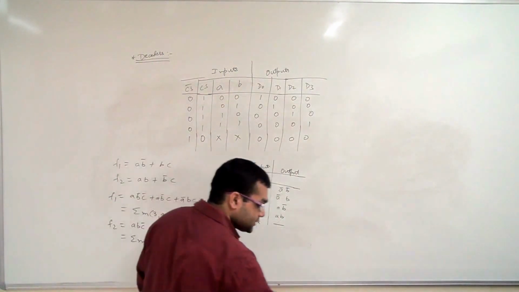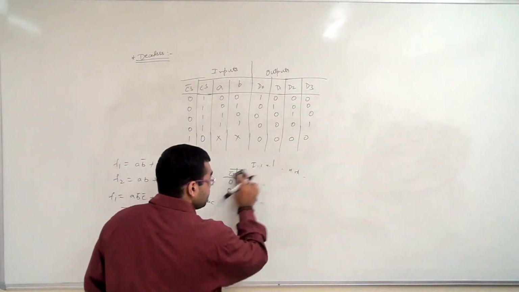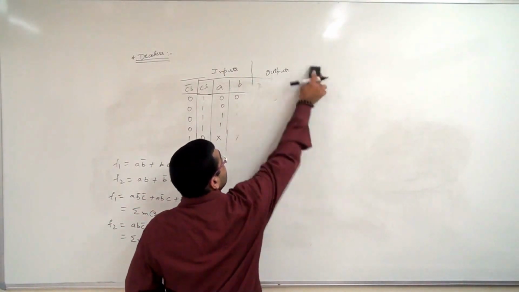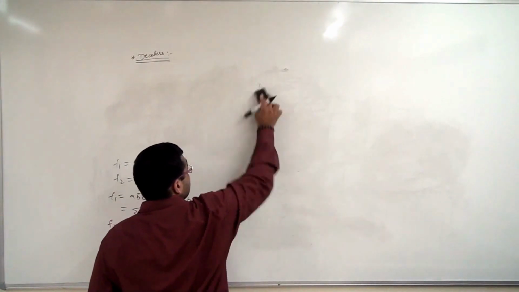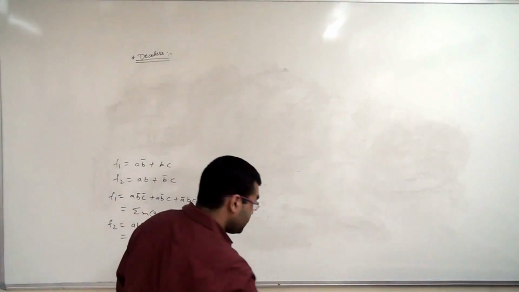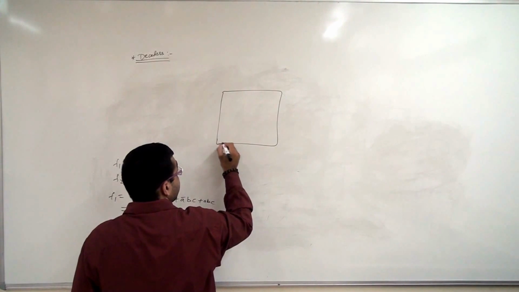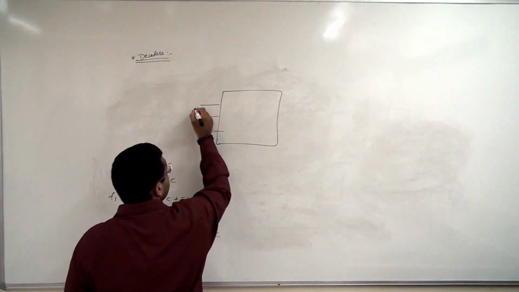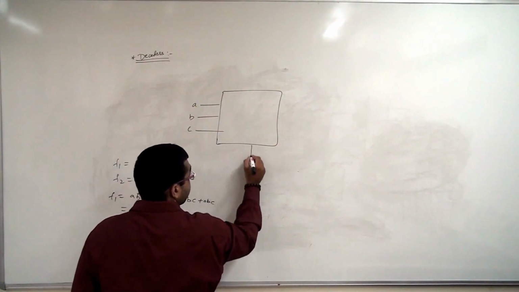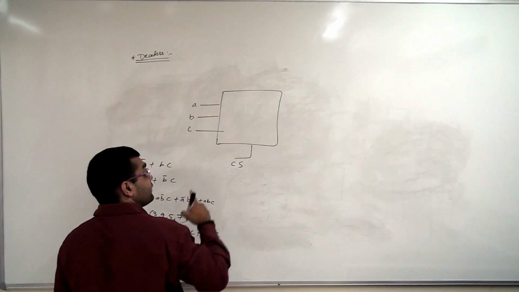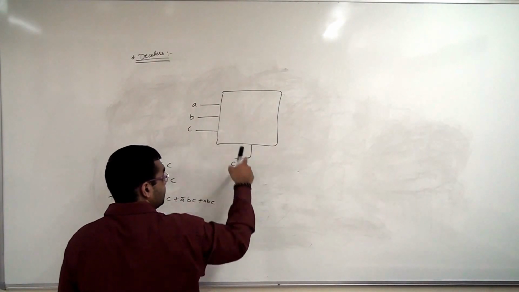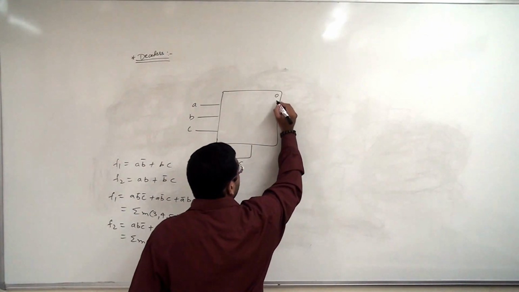So we have to implement this circuit using the decoders. How do we do? The working is straightforward. We have 3 inputs A, B, C coming in, a chip select and 8 outputs.